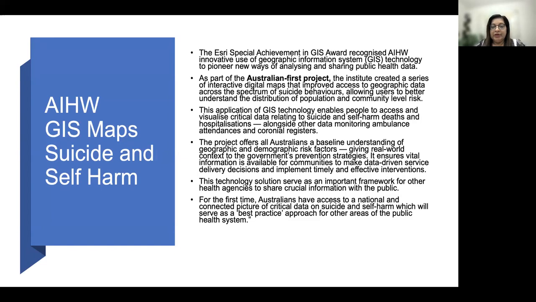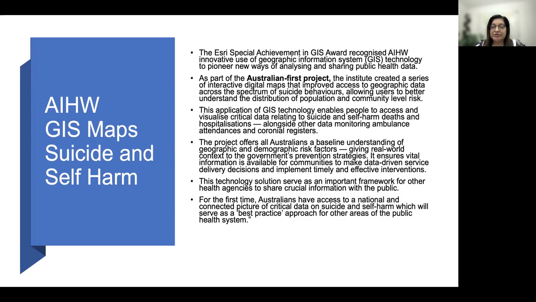In the latest Australian first project, the Australian Institute of Health and Welfare, along with Esri, has created a series of interactive digital maps that improved access to geographic data across the spectrum of suicide behaviors, allowing users to better understand the distribution of population and community level risks.